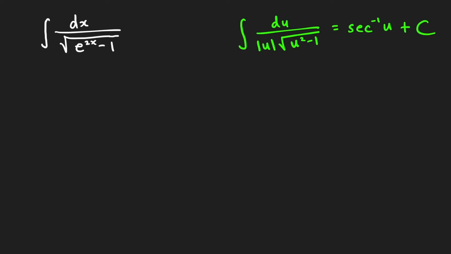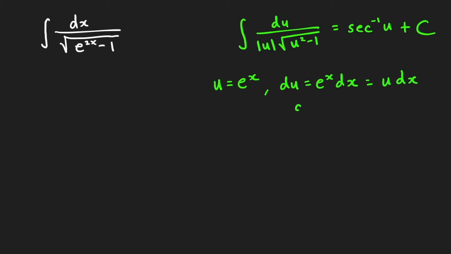So let's see whether we can use this integral formula. If we're planning to use this formula, then our u must be equal to e to the x. So what if our u is equal to e to the x, so that this expression becomes square root of u squared minus 1? If u is equal to e to the x, then our du is equal to e to the x dx, which can be written as u dx because u is equal to e to the x.